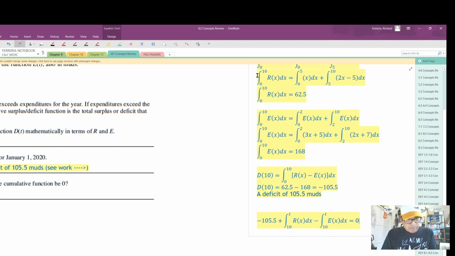So we start off with the function. We have the negative 105.5, which would be the deficit at t equals 10, and the integral from 10 to t of r minus the integral from 10 to t of e. When is that equal to 0? So at what point will we get that surplus deficit equal to 0?